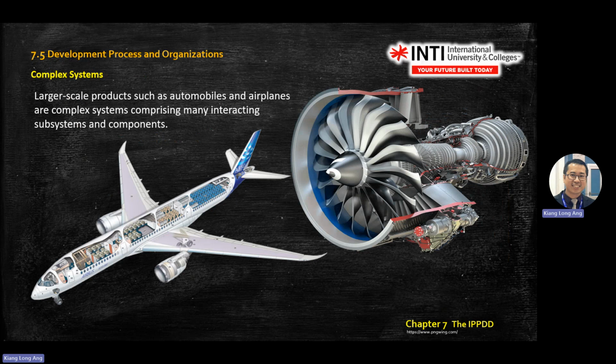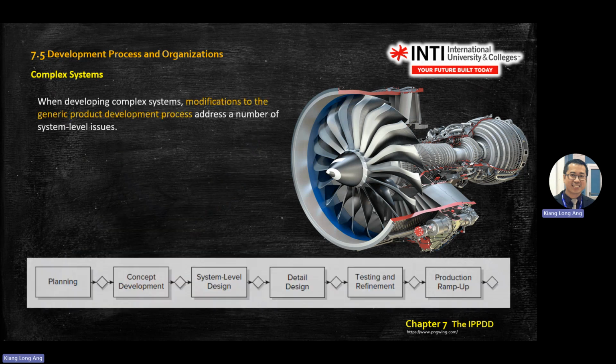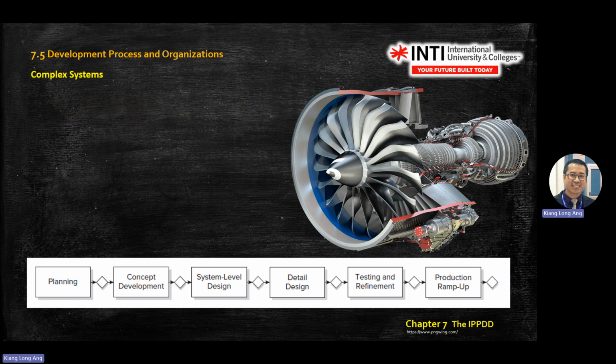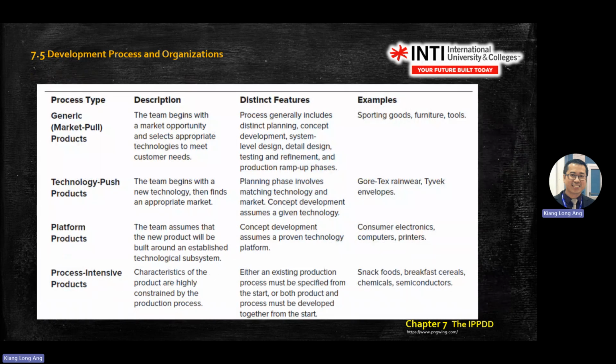Complex system. This one is more on the big machines. For example, aircraft, engine, cars, and all this. This is complex system. Okay. So these are the examples of generic market pull products, technology push products, platform, process intensive.